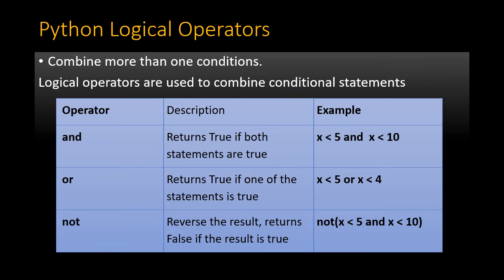And returns true when all the conditions return true, then only the result will be true. Or means if any one condition returns true, then the output will be true. And not means the opposite: if the condition returns true, it will return false, and if the condition gives false, it will return the opposite, true.